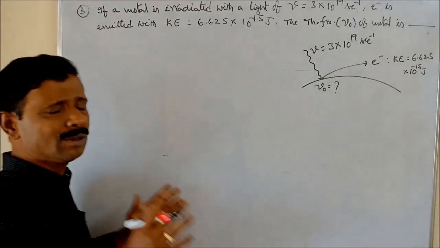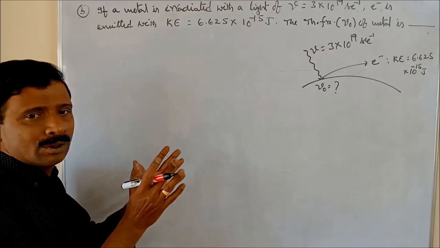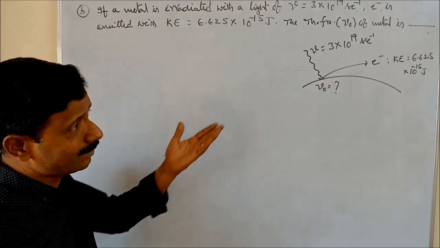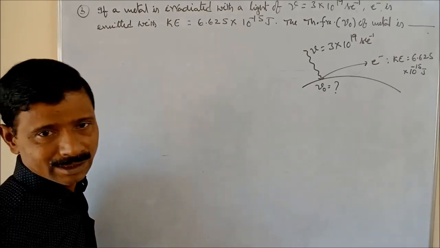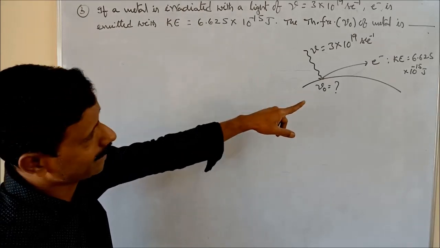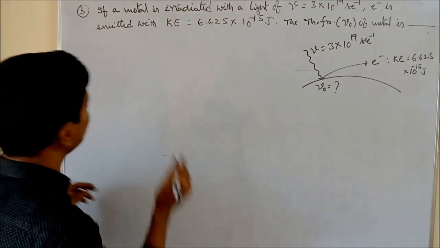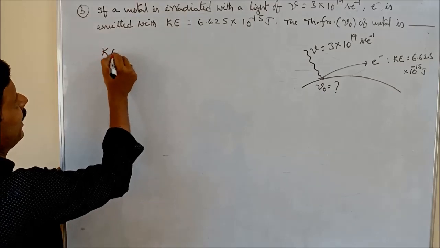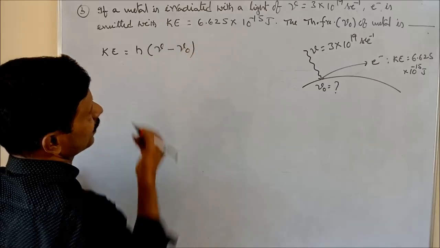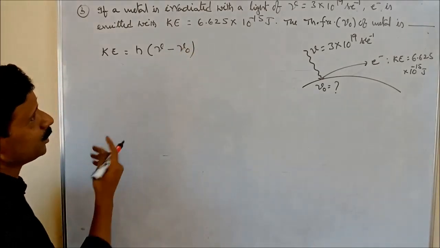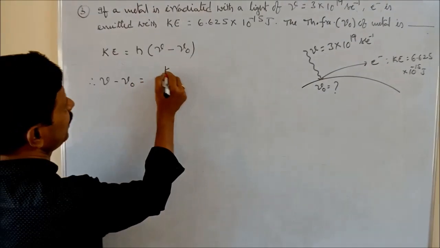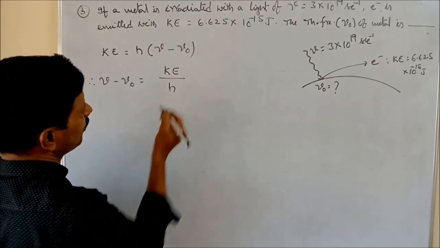So like that, try to convert any problem into a simple diagram as per your convenience. Definitely it is very easy to understand that. Now the frequency and kinetic energy of the electron are mentioned, and we have to find out nu0. Already we have one formula, that is kinetic energy equal to h into (nu minus nu0). So first we go for nu minus nu0, which equals kinetic energy by h.